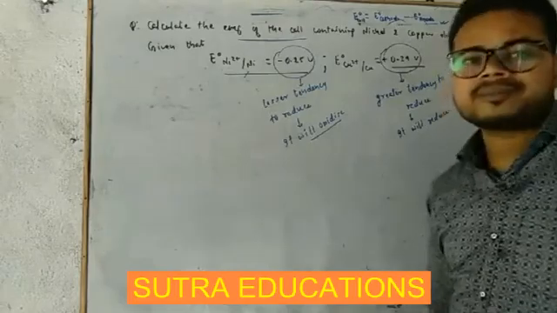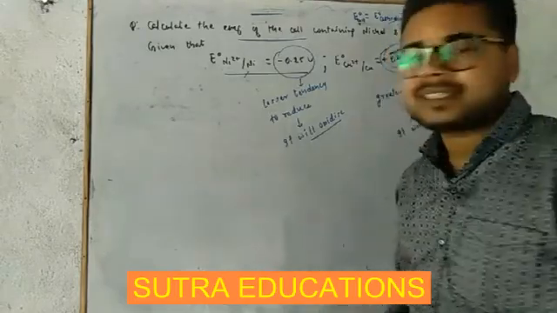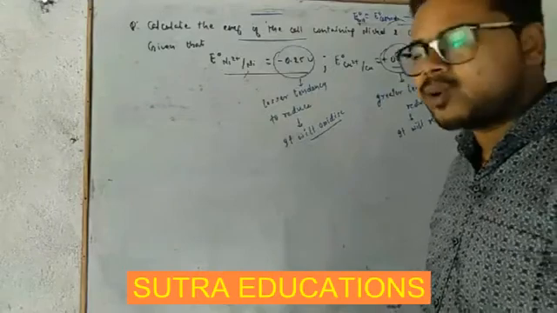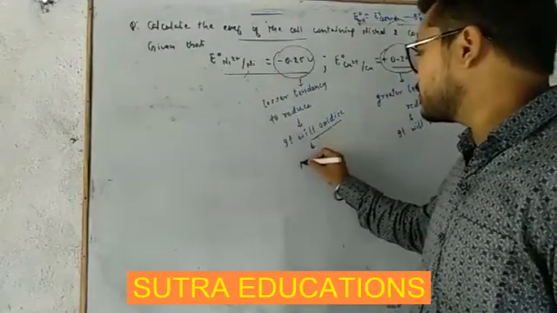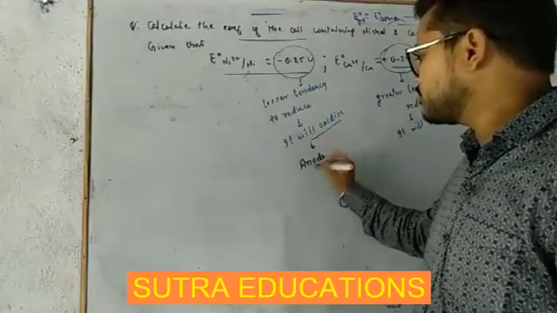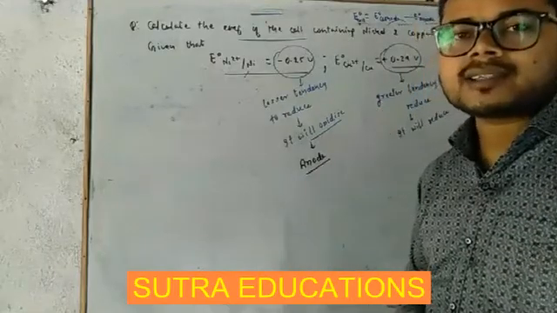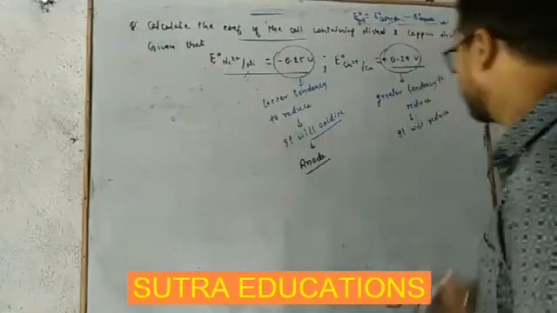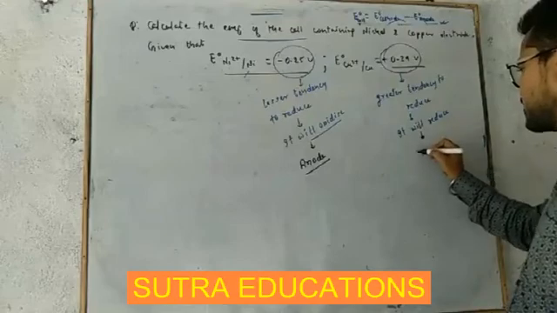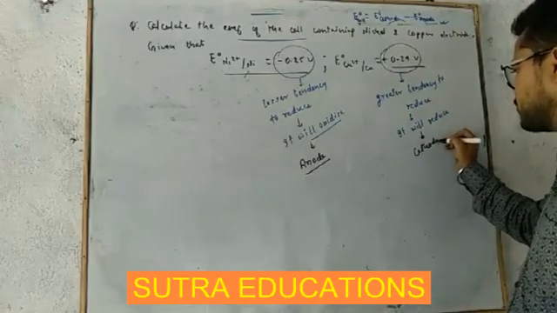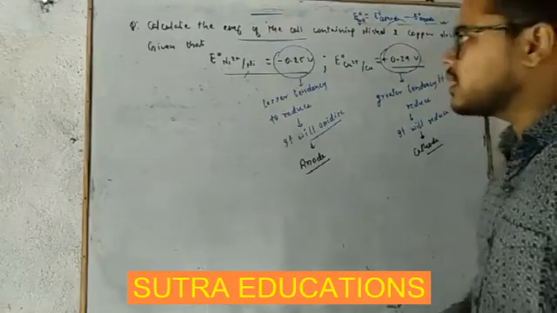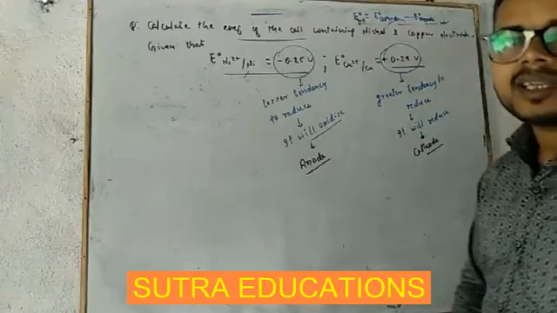And we know oxidation takes place at anode, so it will be anode. And we know reduction takes place on cathode, so it is getting reduced, means it is cathode. Now we have to calculate EMF of the cell.